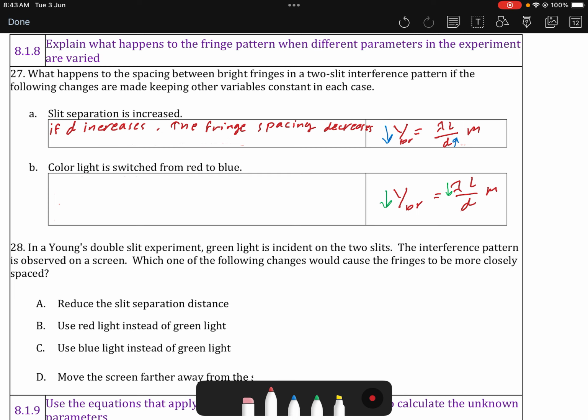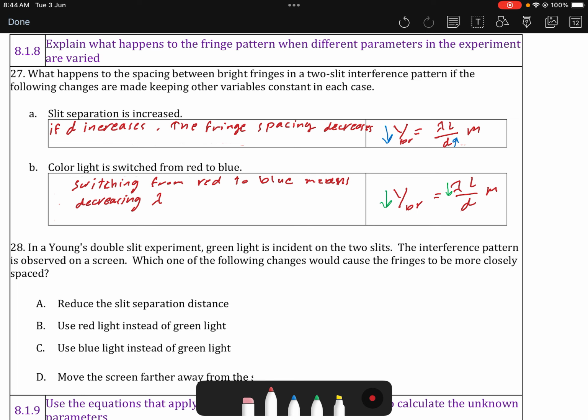So, okay, switching from red to blue means, of course, decreasing lambda, the wavelength.